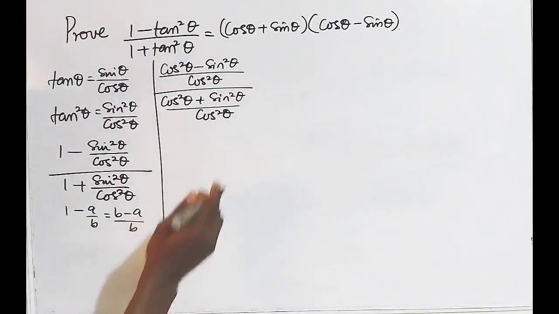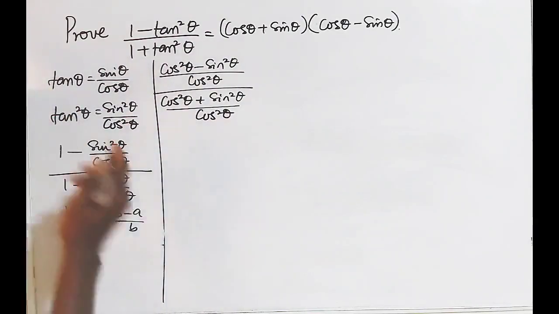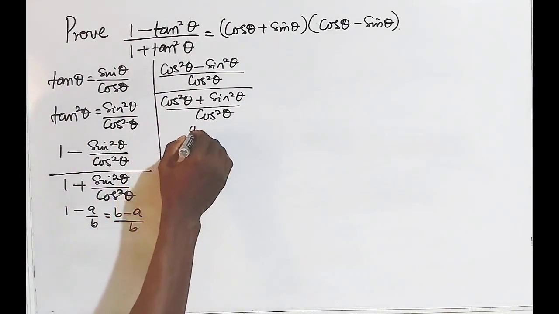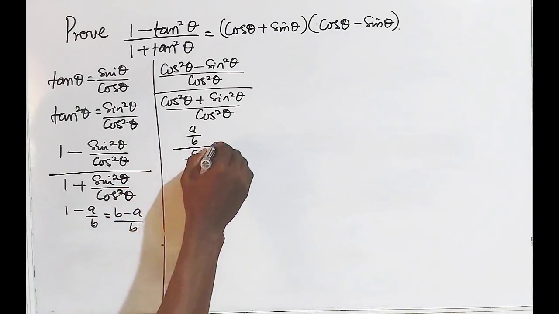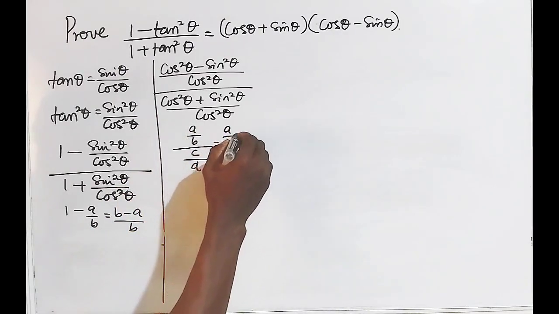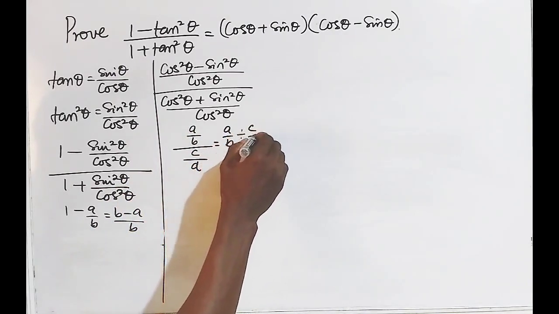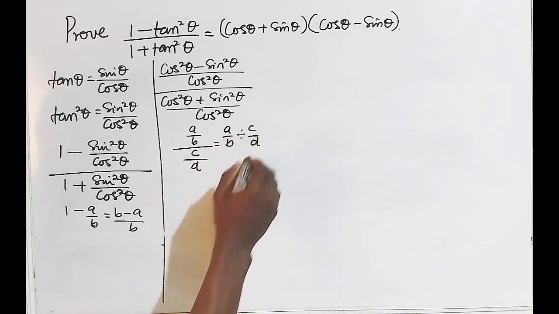So here, let us also consider this algebraic expression where we have a over b all over c over d. This implies a over b divided by c over d.